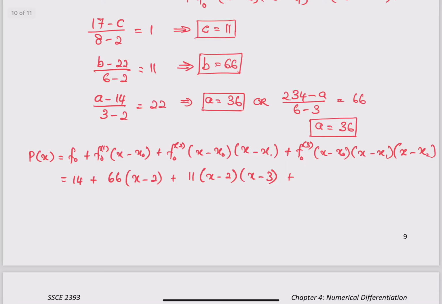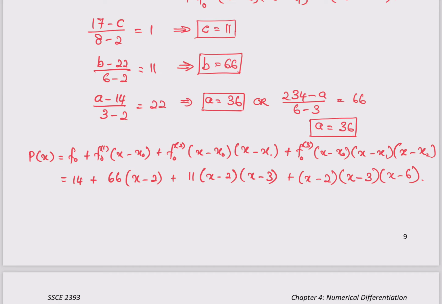And then here you will have x minus x naught is equal to 2 x minus 3 x minus 6. I think this is the polynomial that you will get. I think you don't need to simplify.